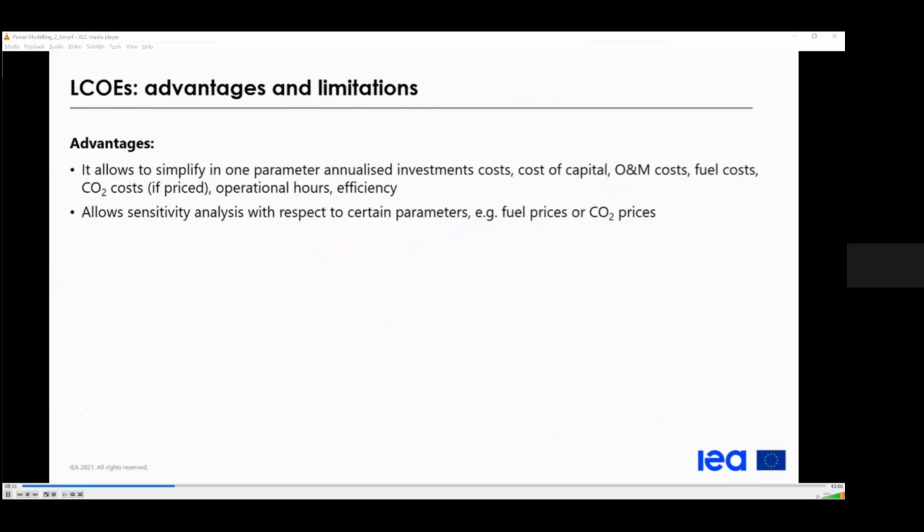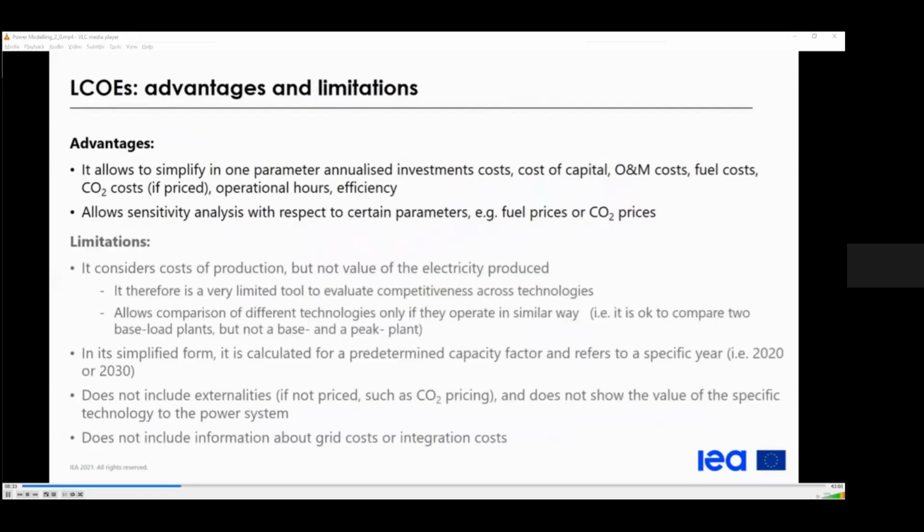So as mentioned, LCOEs are very widely used, and this is because they allow us to present in one concise number the generation cost of a plant over its lifetime. There are, however, some limitations, and we really need to keep them in mind when we are using this indicator.